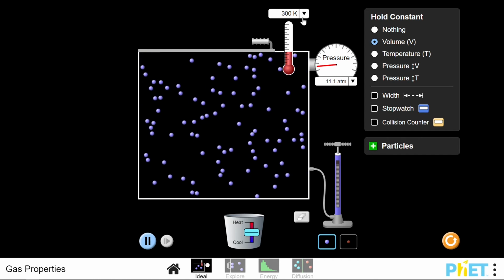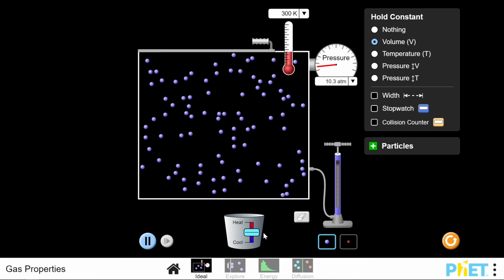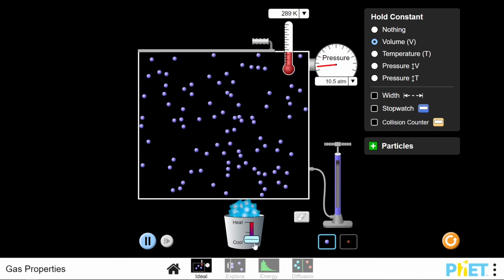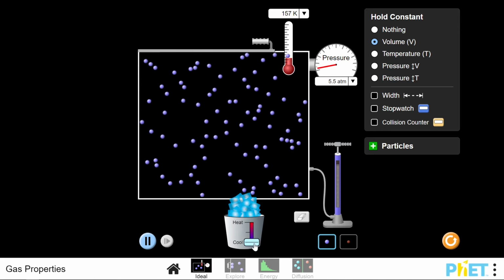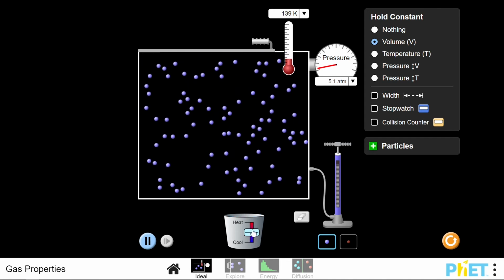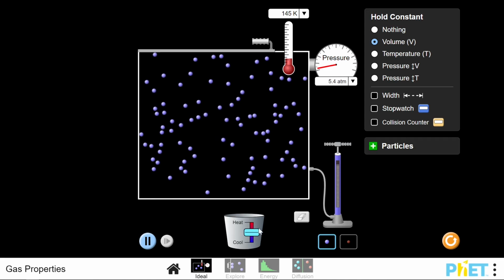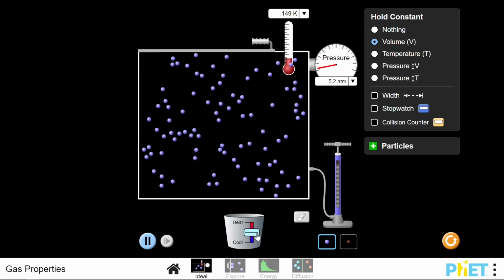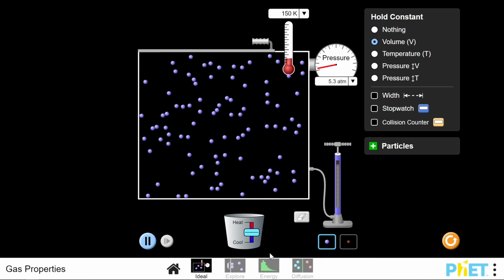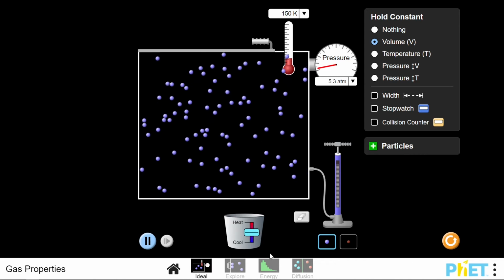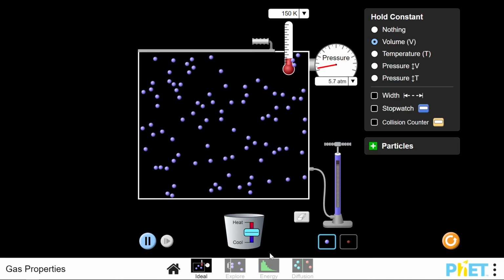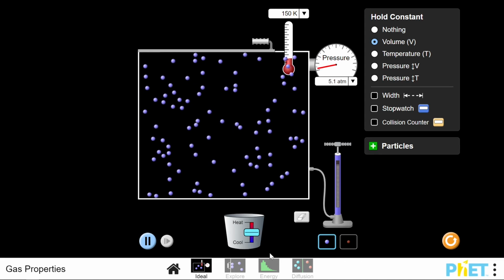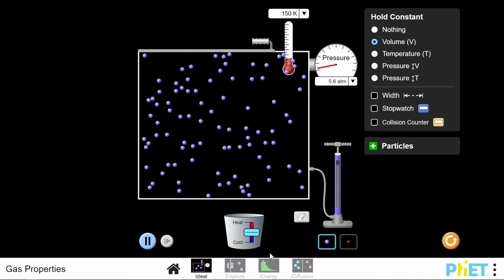What if I lower the temperature by 1/2? Whoop. Okay, I have lowered the temperature by 1/2, and my pressure has pretty much lowered by 1/2.